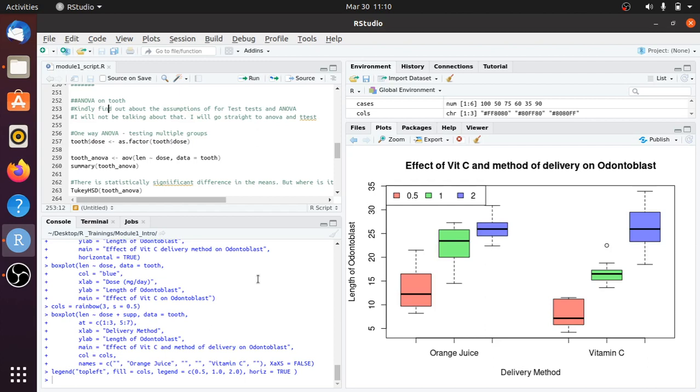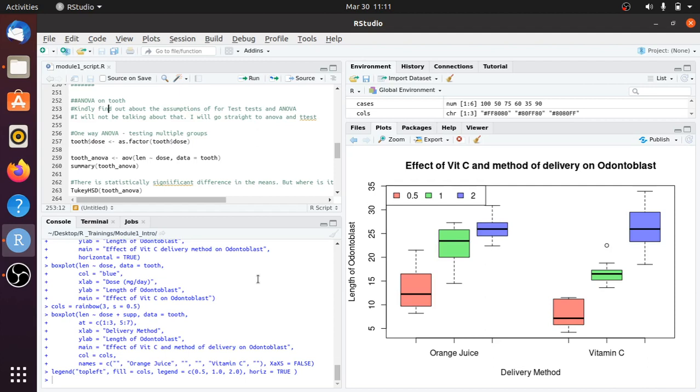Each of them will be in various groups: group A, group B, group C. How do you determine whether the dose plays a part in your outcome variable? How do you compare? How do you analyze that? That's when we talk about analysis of variance.